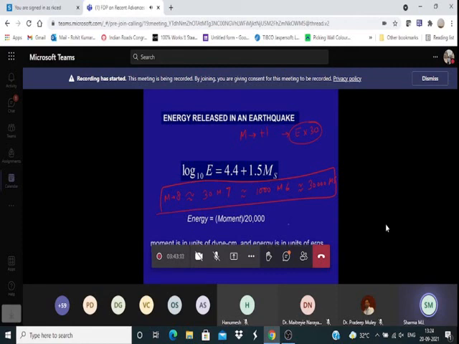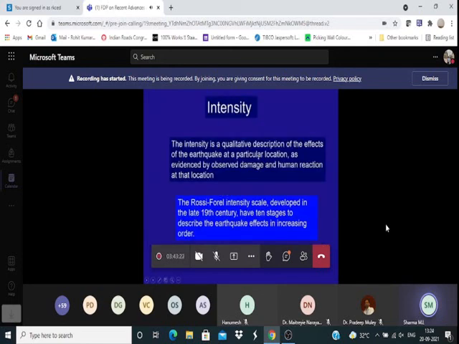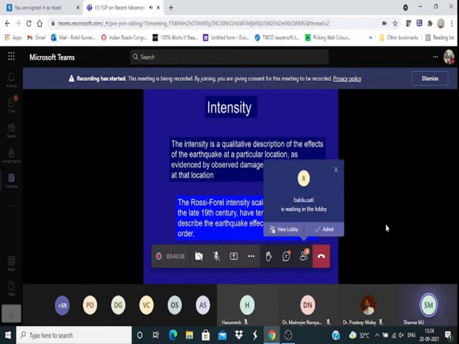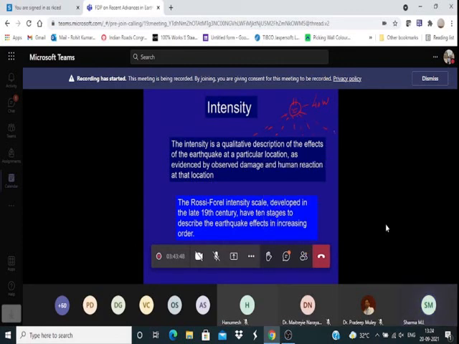Now, one of the very important topics which remains is the intensity. Intensity is another measure which is a qualitative description of the effects of the earthquakes at a particular location. The difference between intensity and magnitude is that if you have, say, a bulb here, a 40-watt bulb giving you light, the lumens will be less and the intensity of the light is very less here, almost dark here.